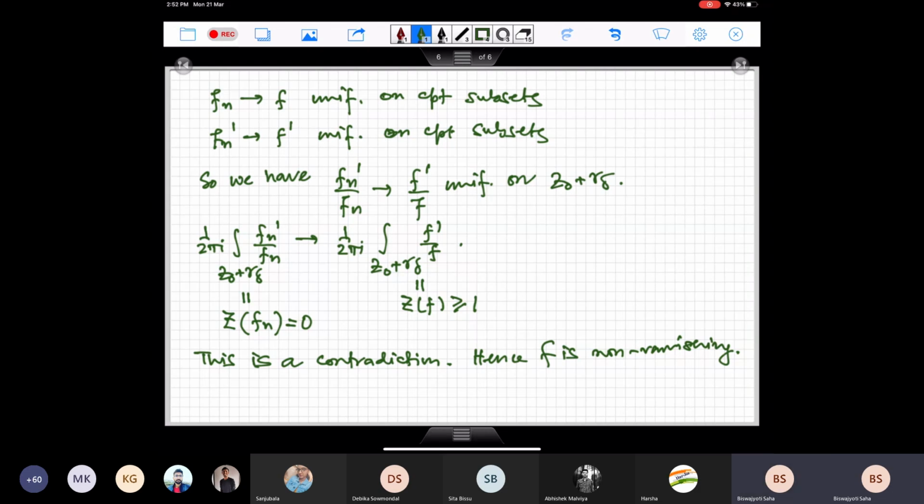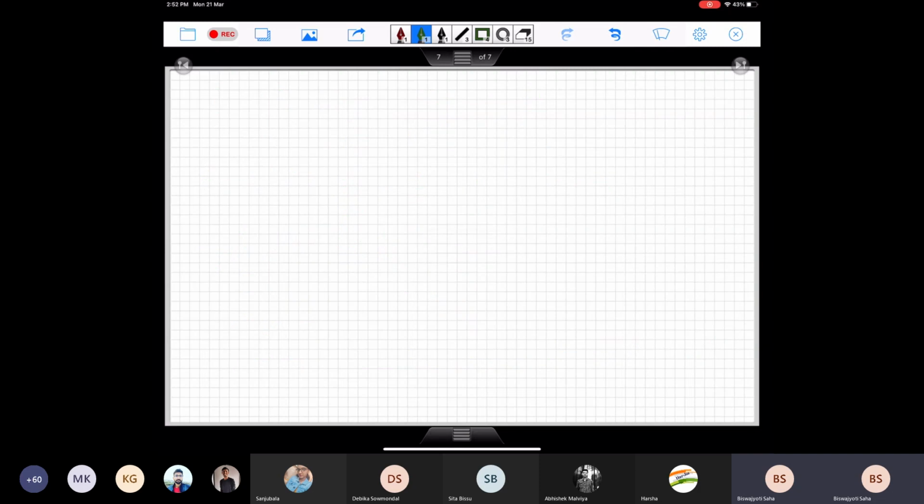Okay, and this has a very nice and simple corollary. Here, of course, I was talking in terms of vanishing or non-vanishing. So the corollary is in terms of a function being injective or not. So let me write down the corollary. You will immediately see how it can be put.